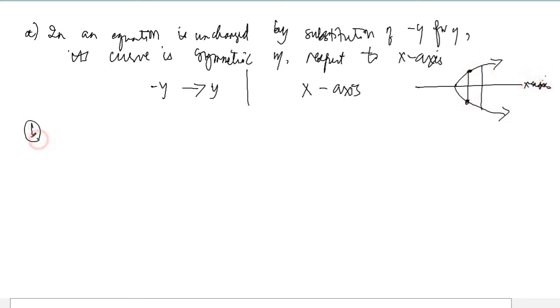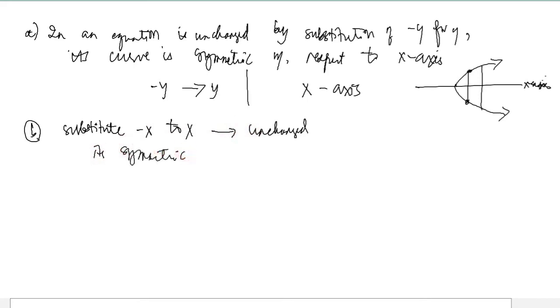And second, if we are going to substitute negative x for x, tapos yung equation natin is unchanged, then it's symmetric with respect to the y-axis naman.